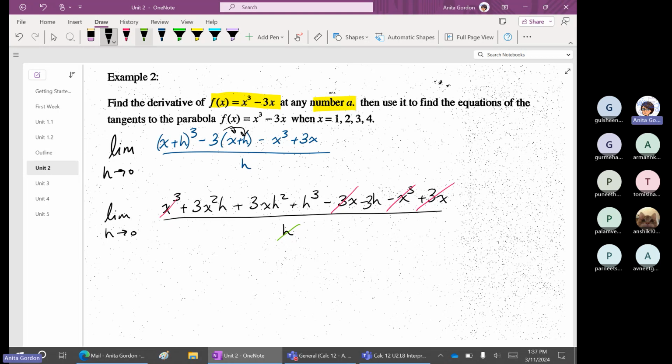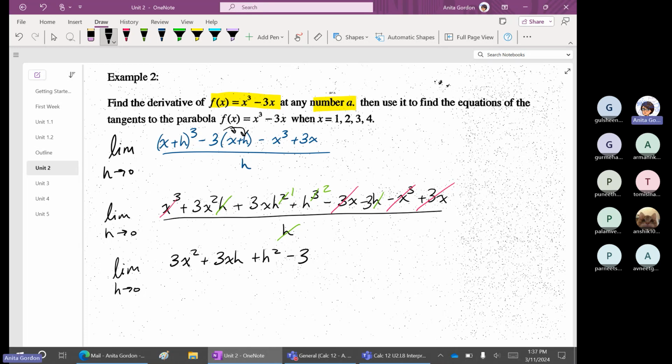Okay, let's reduce everything that has an h by 1 degree. So the limit as h goes to 0, what's left? 3x squared plus 3xh plus h squared minus 3.